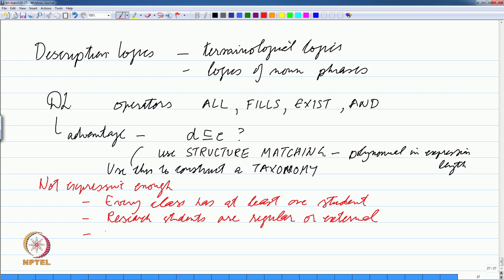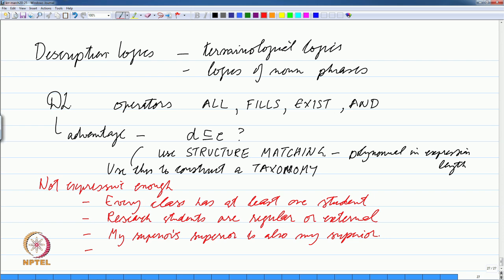Or you cannot say, let me use the word superior, my superior's superior is also my superior. And we are talking about the relationship where somebody is the boss of somebody else essentially.